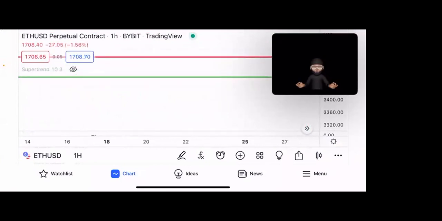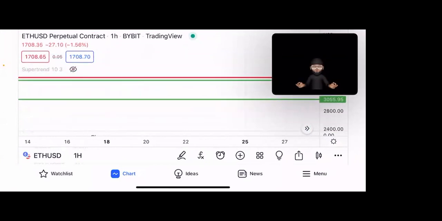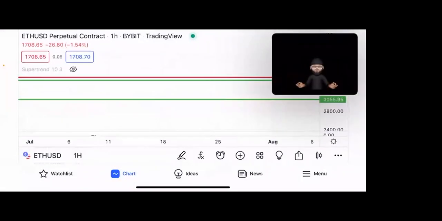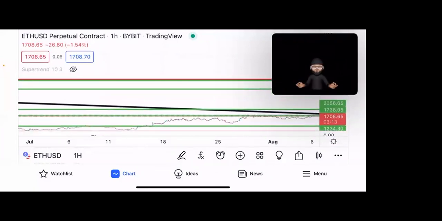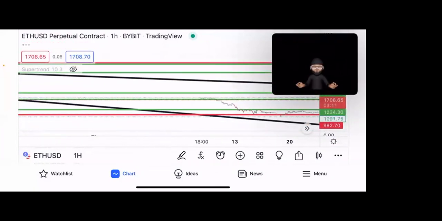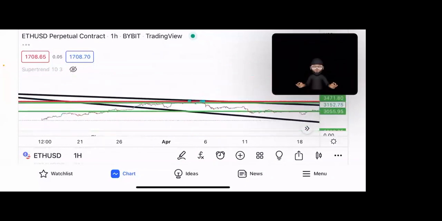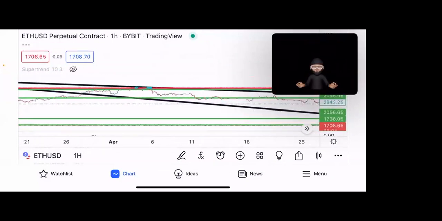Hold on, let it load. So you guys are gonna go all the way to the top, right there, where you started.